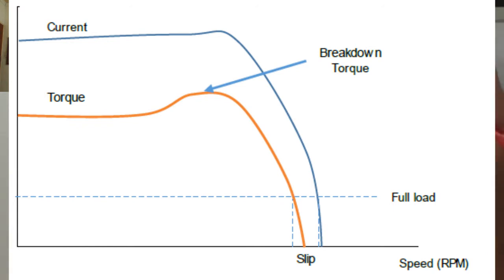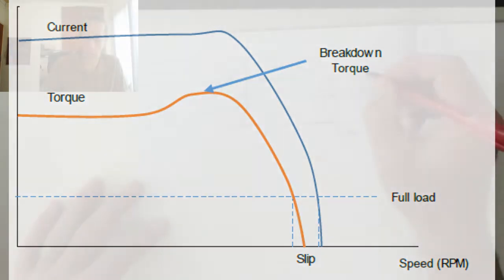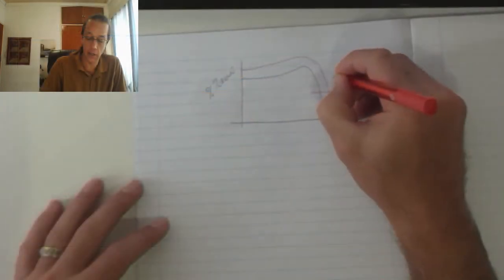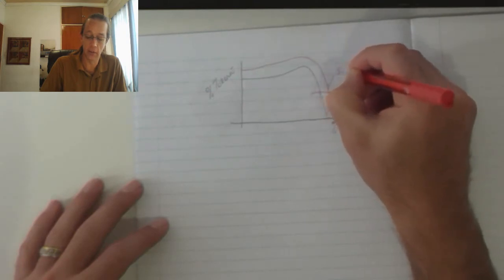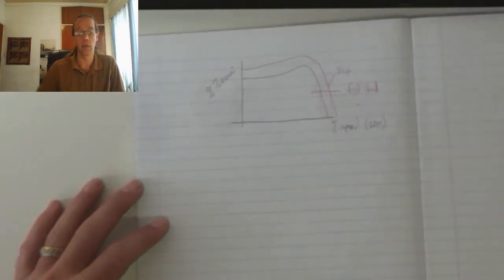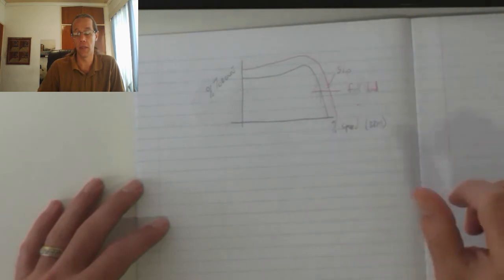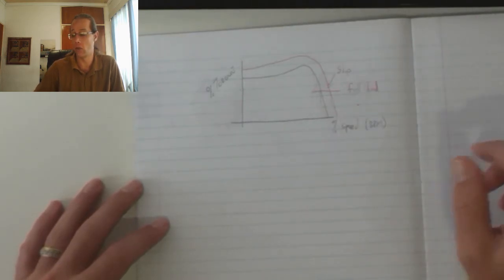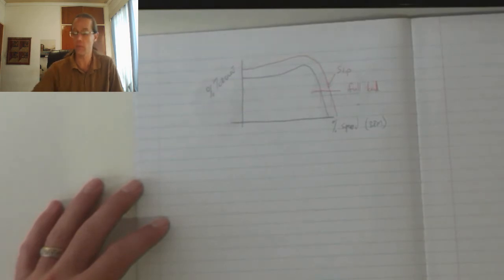In other words, the motor is converting a maximum amount of electrical power into mechanical power. Now this variance between the current and the torque graph represents my slip. Remember, slip is the rotational speed difference between the synchronous speed and the actual rotor speed.